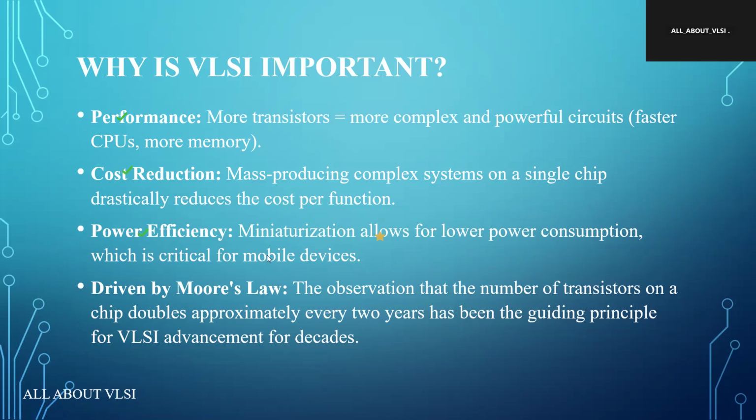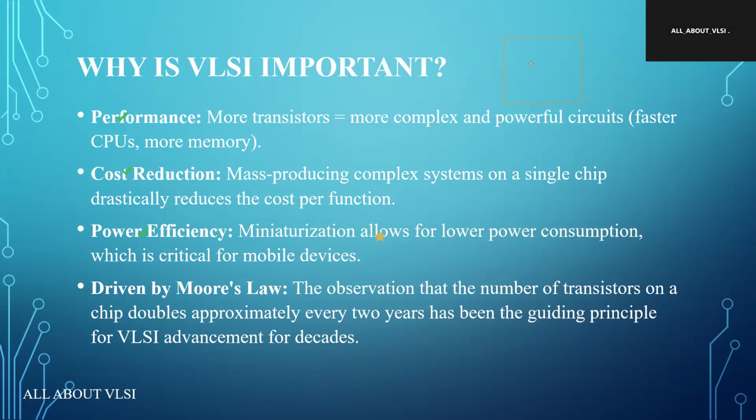First one is performance. In this shape, we have more complexity. If you have more transistors, there is a chance of more complexity, right? But if you have more transistors, we can work on it more.